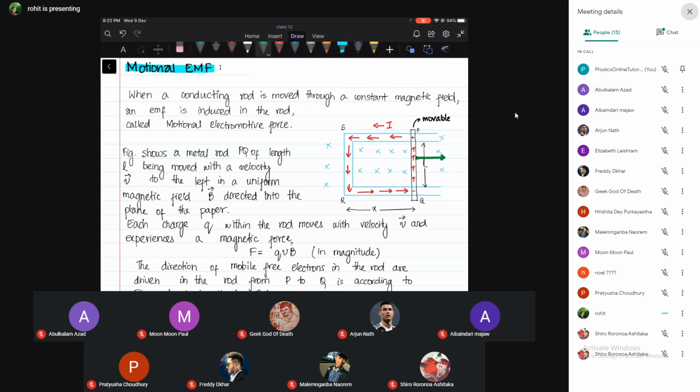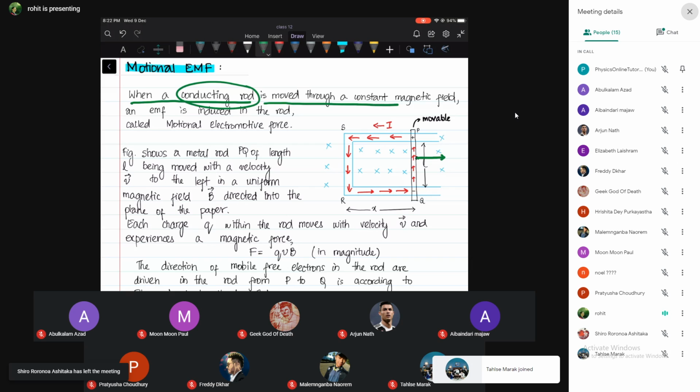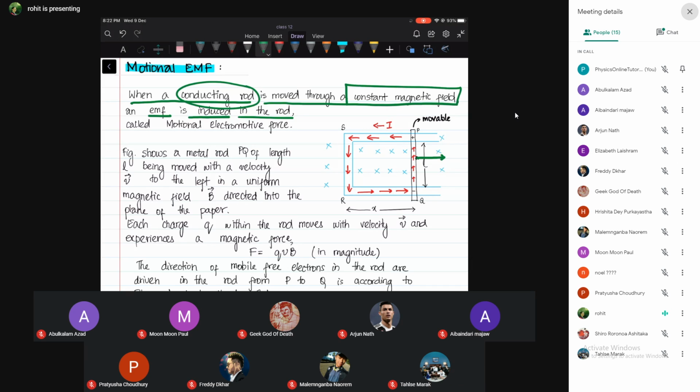When a conducting rod, meaning a conductor, is moved through a constant magnetic field, an EMF is induced in the rod, or the wire, and that EMF that is induced because of the motion of this wire, we are going to start calling it motional EMF. So that is what motional EMF is.